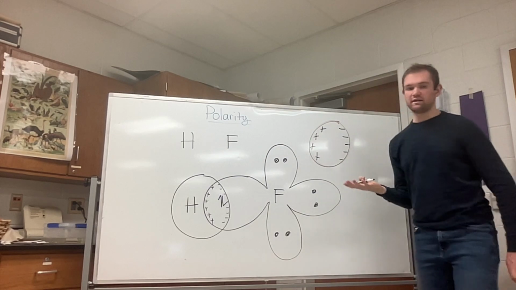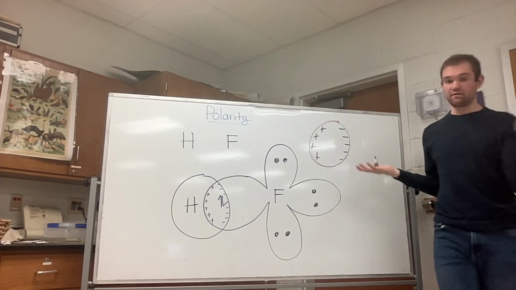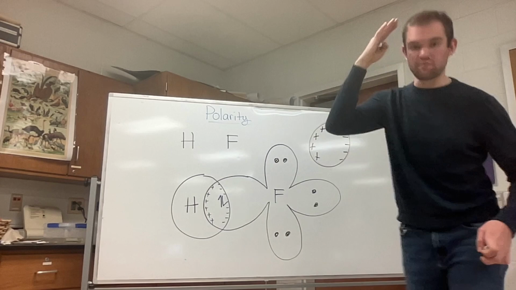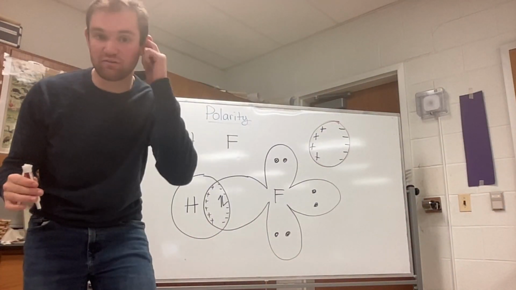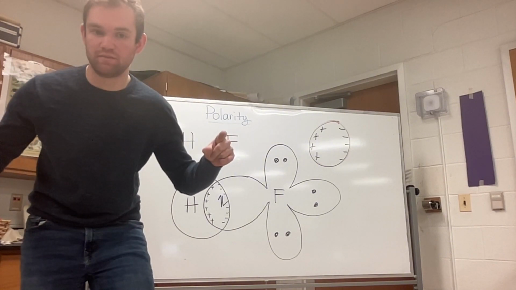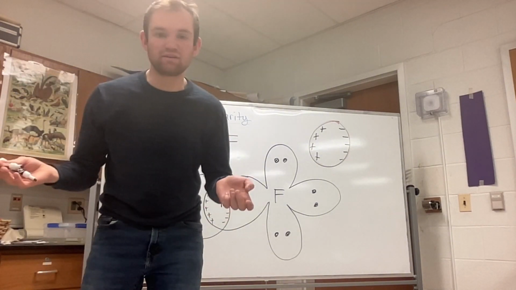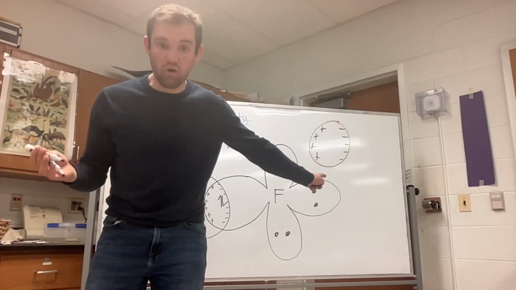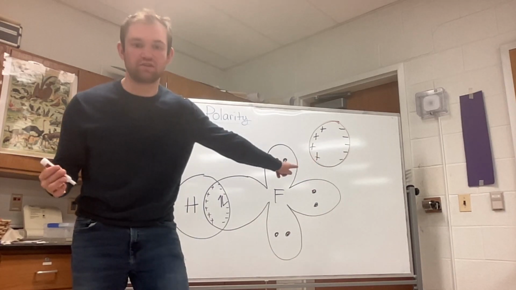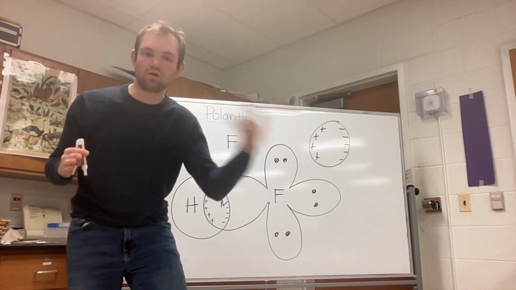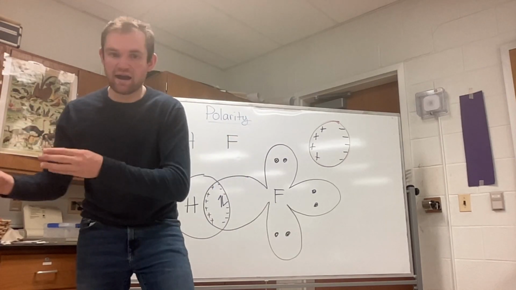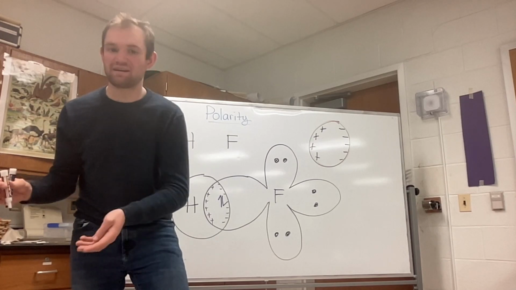Or pretend this is a balloon. If you rub that on your hair, then half of it gets negative and half of it gets positive because the electrons move in the balloon. Well, guess what? That doesn't mean that the balloon is overall charged. Overall, this is no charge, but it's polarized. Half of the balloon is more partially positive, and the other half of the balloon is more partially negative.